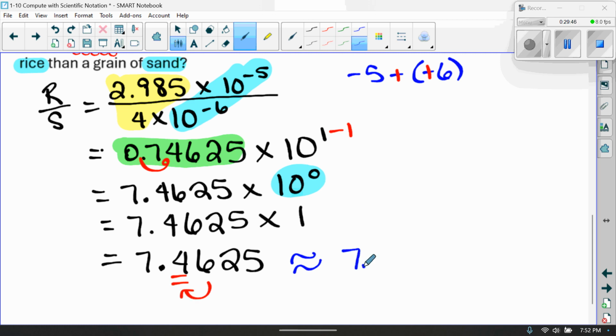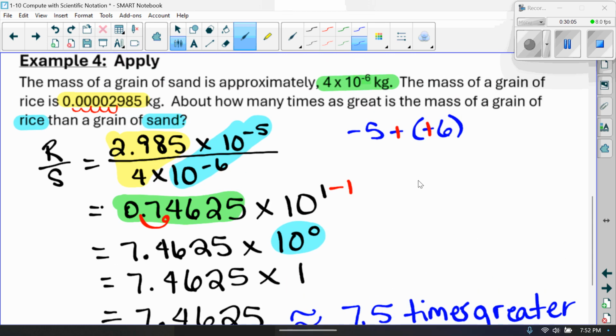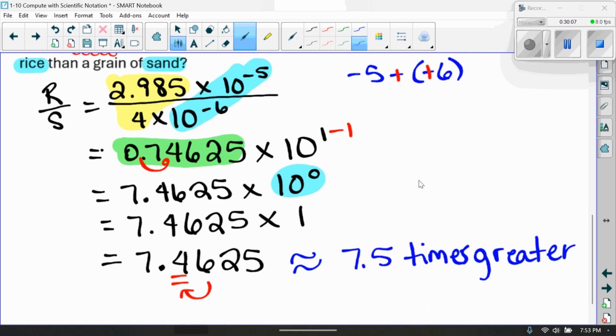So this is going to be 7.5 times greater. That says that the rice is 7.5 times greater in mass than the grain of sand.